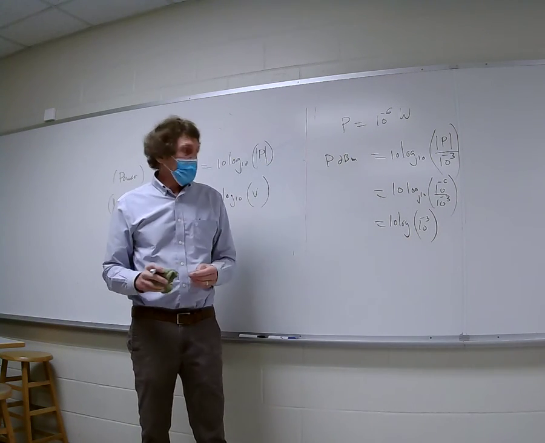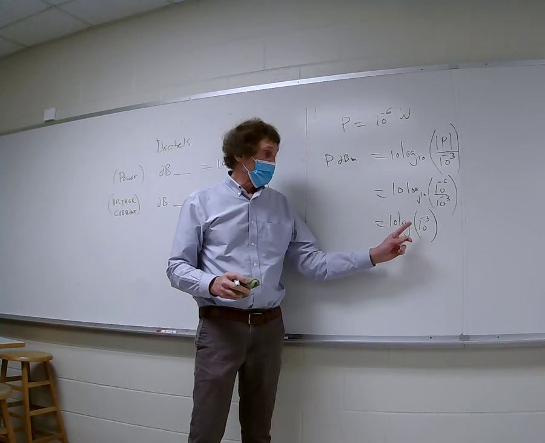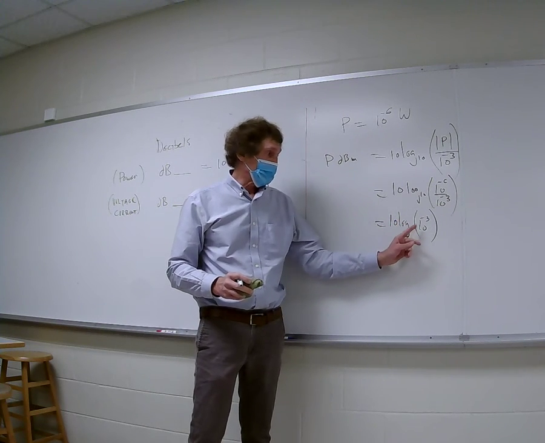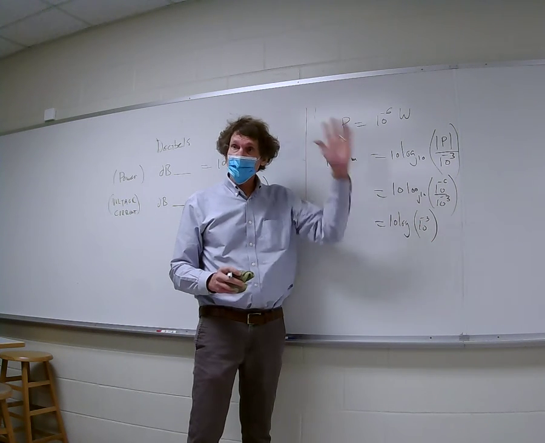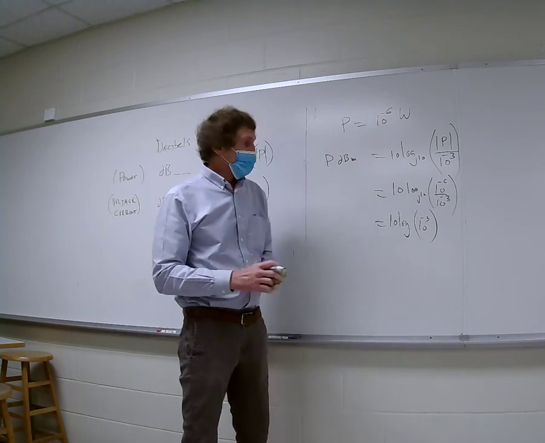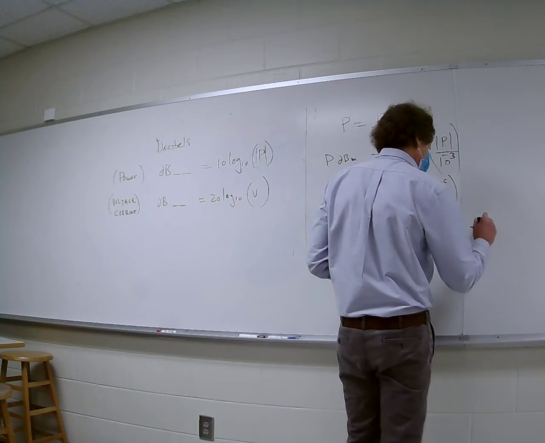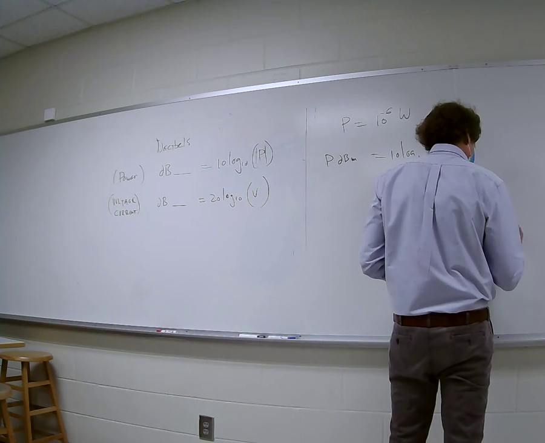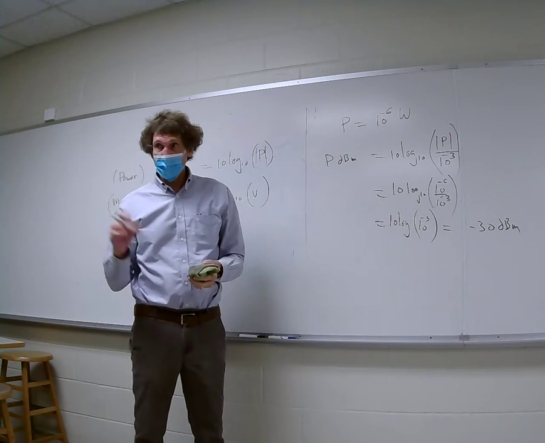Now, if it's a log base 10 of 10 to an exponent, it's just that exponent. You all follow me on that? Can you see it far back? Okay. So that's just equal to minus 30, and it would be minus 30 dBm. That's typical. Hope I'm answering it the best way.